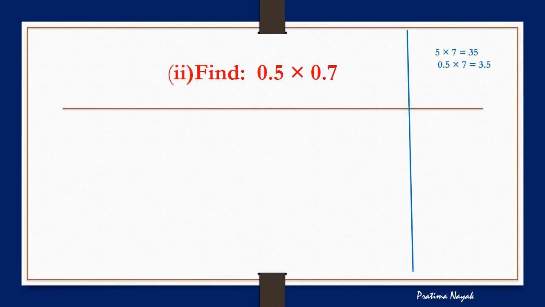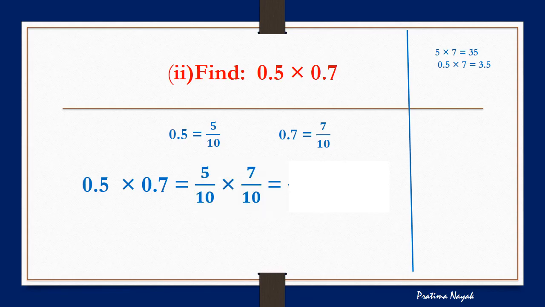Next, find the result of 0.5 multiplies 0.7. 0.5 is equal to 5 by 10. 0.7 is equal to 7 by 10. So now when you multiply, you will multiply 5 by 10 into 7 upon 10.